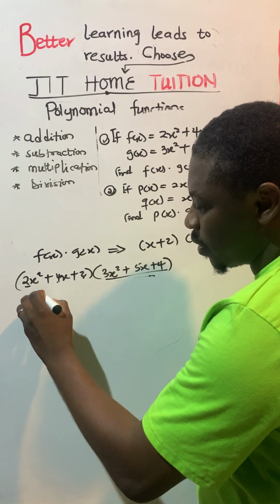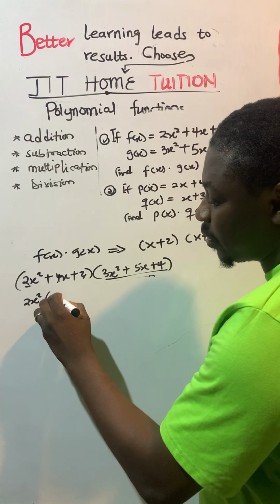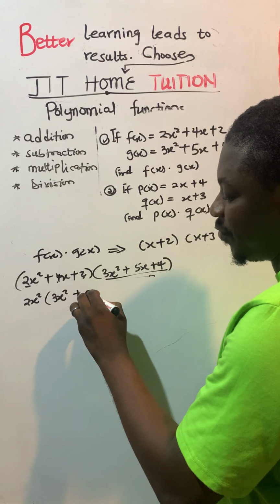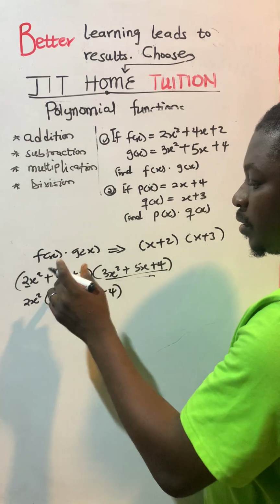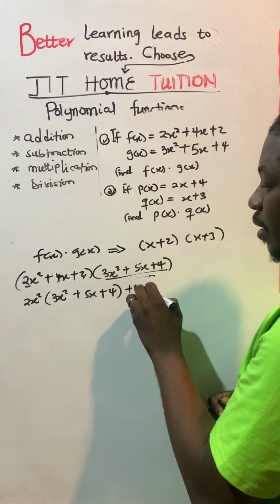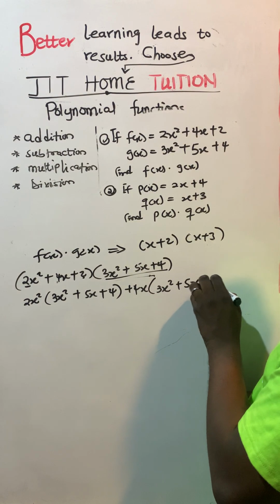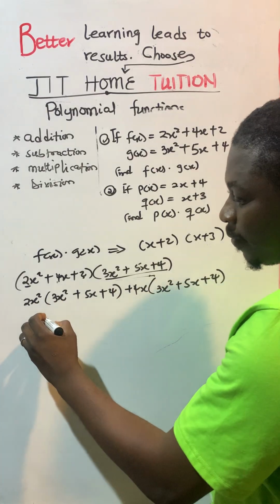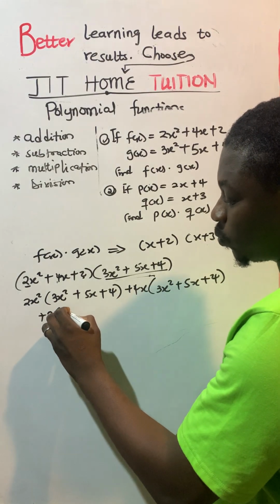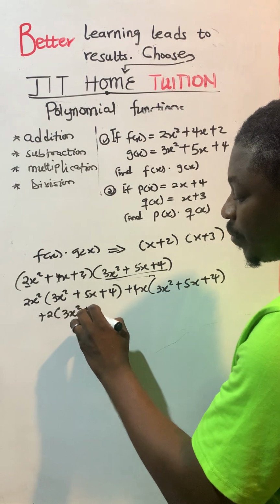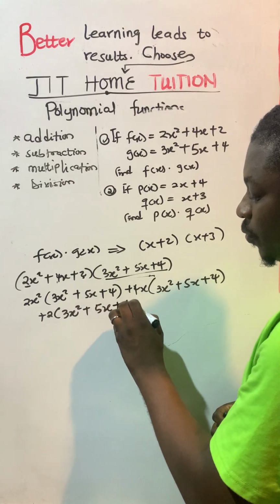So you have 2x squared multiplying 3x squared plus 5x plus 4. Then you have 4x multiplying 3x squared plus 5x plus 4. Then you have 2 multiplying 3x squared plus 5x plus 4.